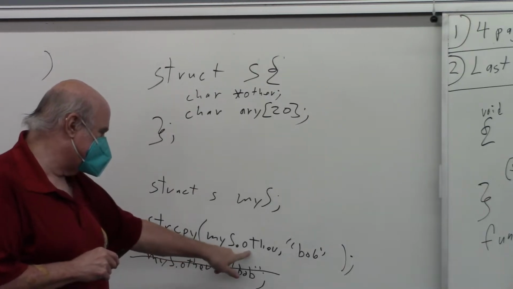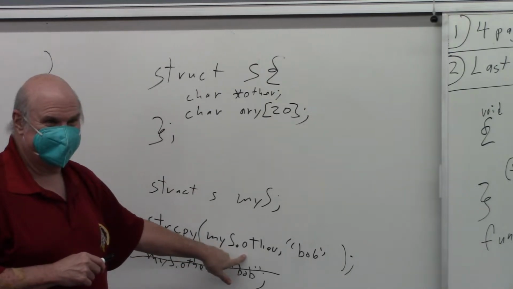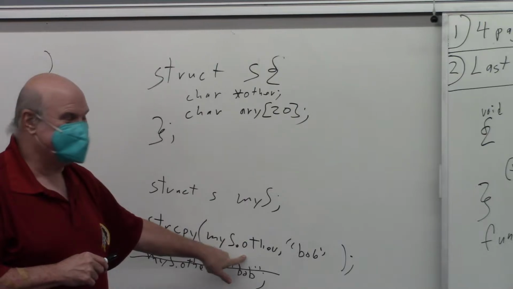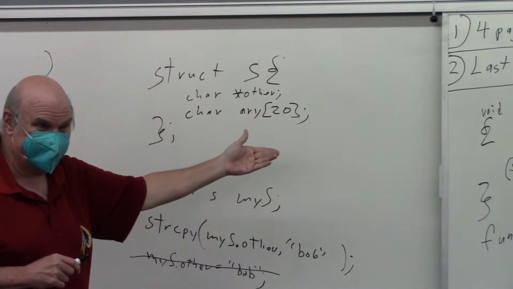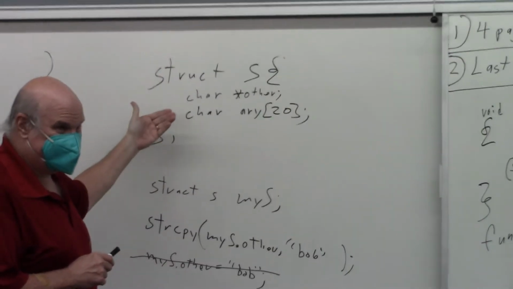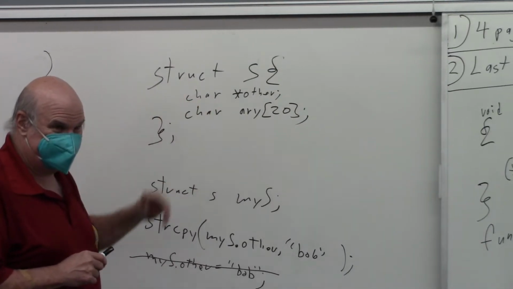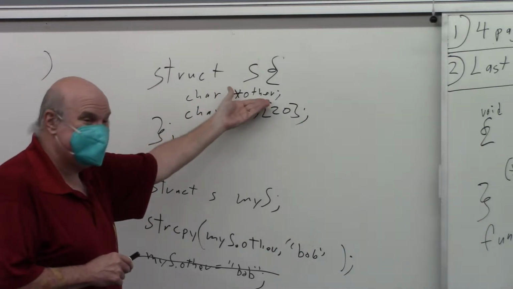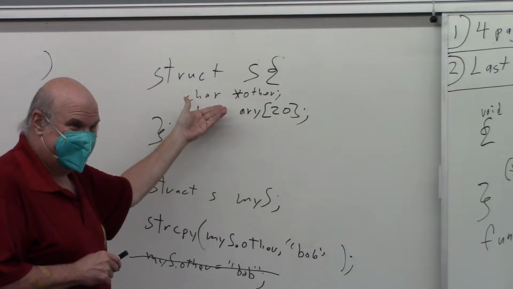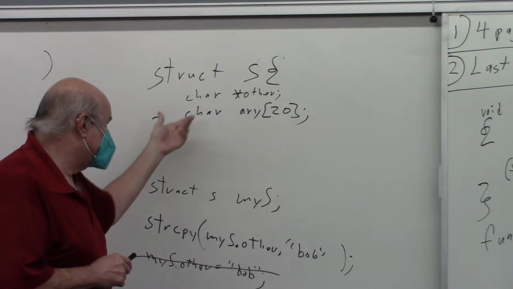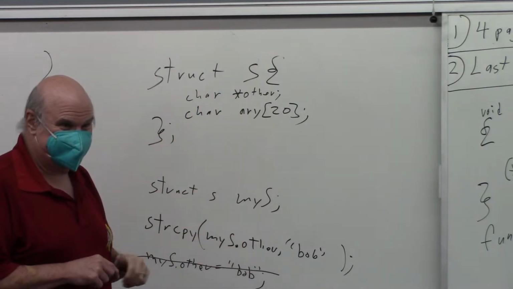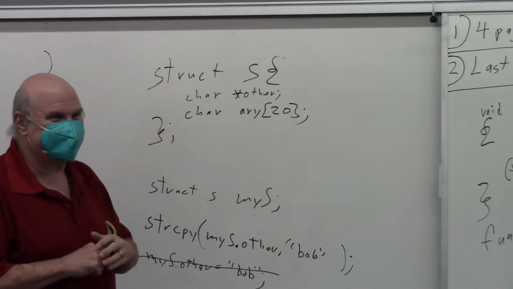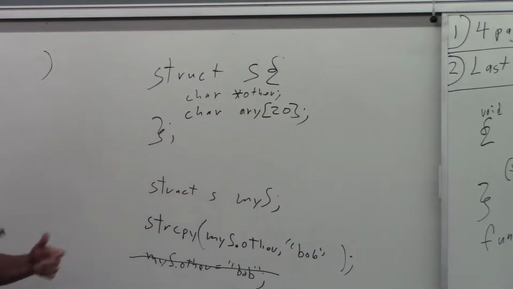It's still a character pointer you're passing to string copy in both cases. An array without a subscript is by definition a pointer of whatever type the array is, in this case a character array. If you just use the array name, it's a character pointer. Similarly, if you make an explicit character pointer, it's still a character pointer. That's why arrays are done like that, because that's what they really are.